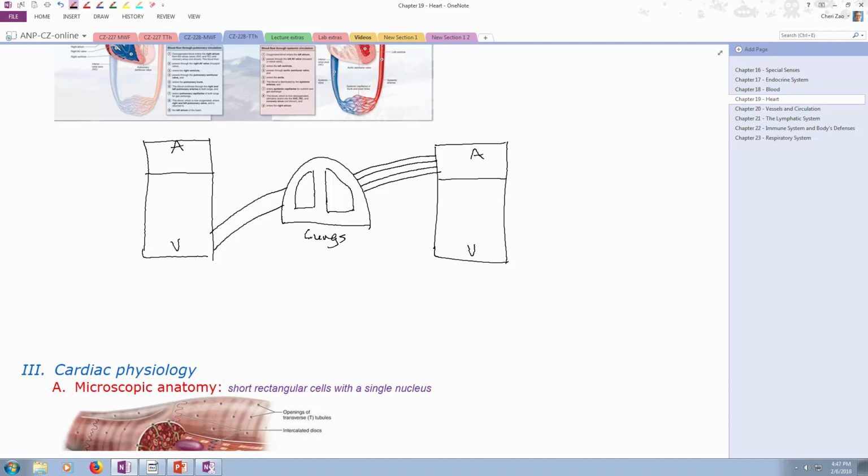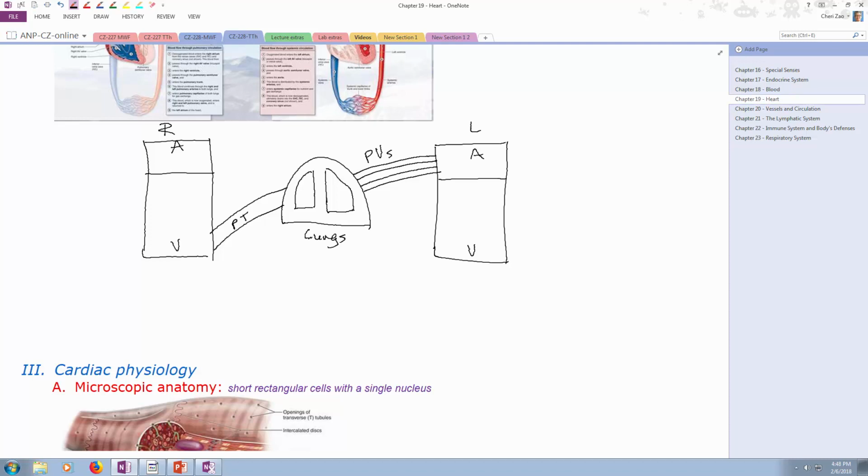So this guy over here is the right, correct? Because the ventricle is sending blood to the lungs. So this is PT for pulmonary trunk, correct? So this is then the left side. And these would be PVs, right? Pulmonary veins, correct? Because veins always go into atria and arteries always leave via the ventricles.